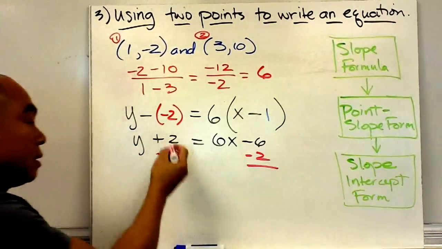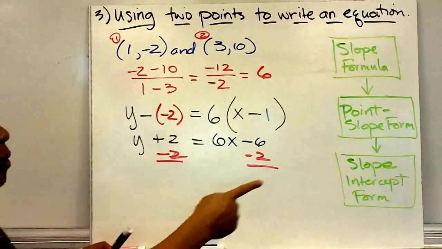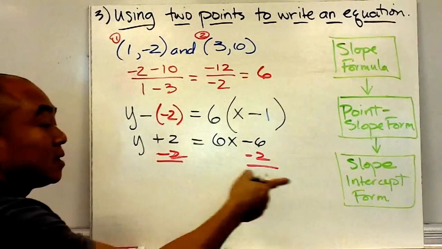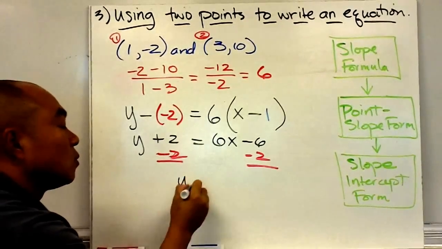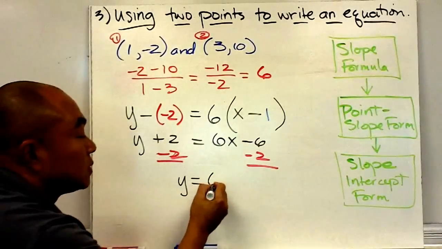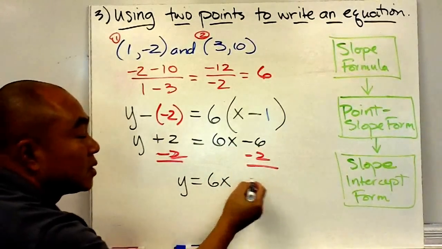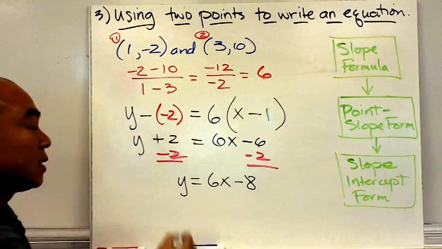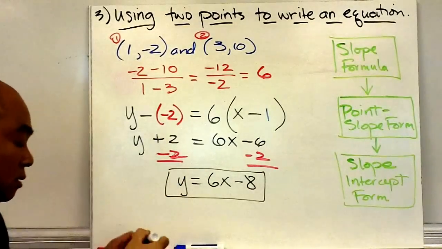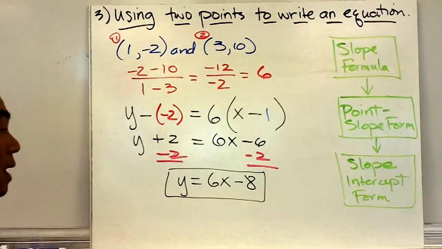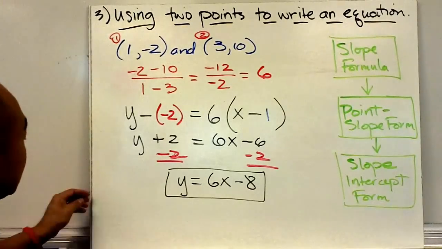Subtract 2. And then our y is isolated, and now we are at our slope-intercept form. So y is equal to 6x, and then negative 6 minus 2 gives us minus 8. And that is our answer to that particular question.